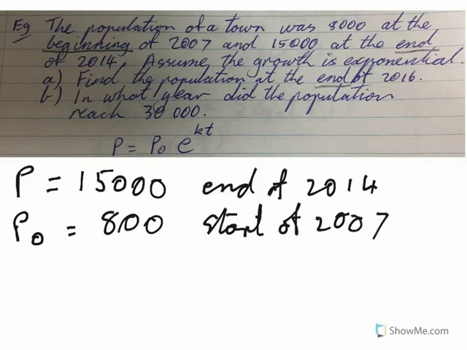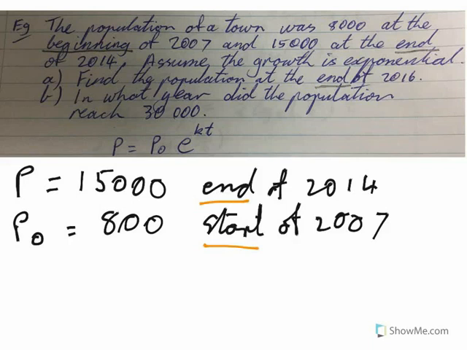2007. So it's not just simply 14 minus 7 equals 7, it's actually, because 2007 is encountered, it's actually 14 minus 6. Why minus 6? Because here we're talking end, here we're talking at the start.